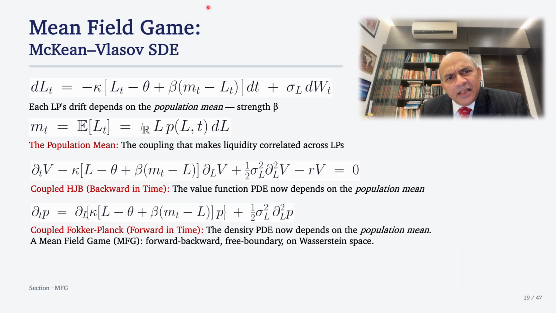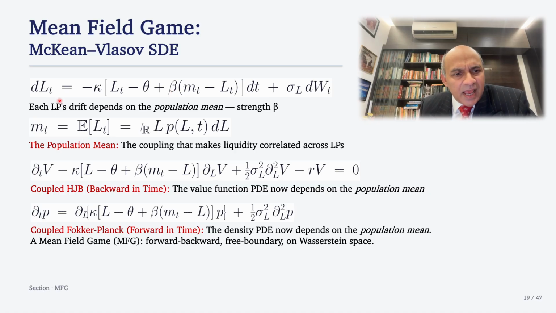Let's upgrade the single agent model to a mean field game where every LP's liquidity is coupled through the population. The McKean-Vlasov SDE is where each LP's drift now pulls towards its own long-run level of theta and the population mean as well, with a coupling strength of beta. This is what makes liquidity correlated across LPs.